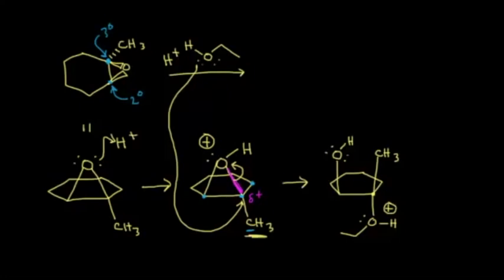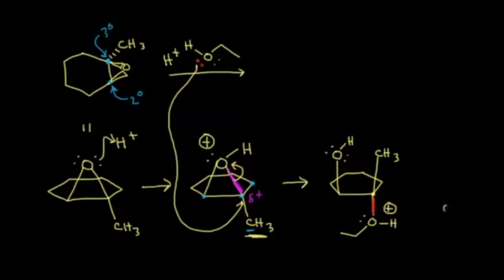So let's just go ahead and highlight those electrons really fast. Let's see, I'll make them red here. So these electrons right here, those are the ones that attack the carbon, and those are the ones that formed this covalent bond, like that. So we're almost done. The last step will be an acid-base reaction to get rid of that +1 formal charge on the oxygen. So another molecule of ethanol comes along.